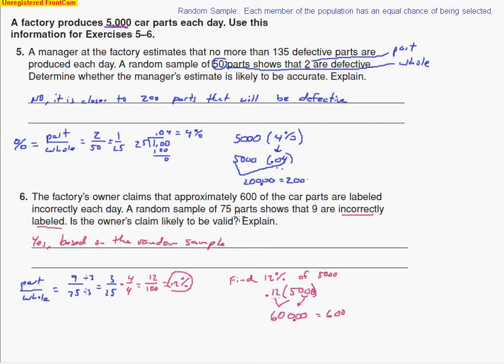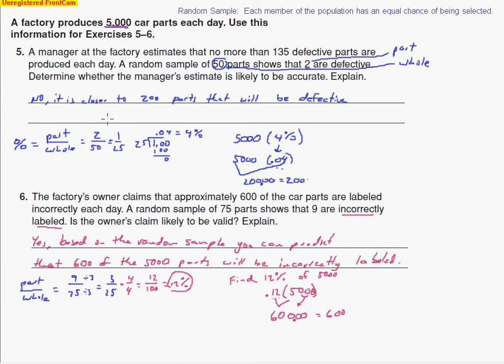Based on the random sample, you can predict that 600 of the 5,000 parts will be incorrectly labeled. So there we have it.